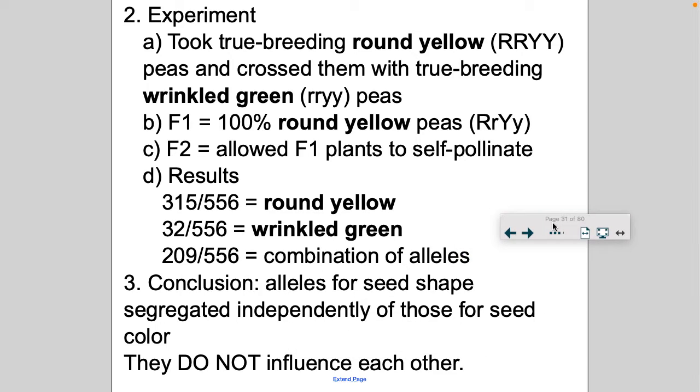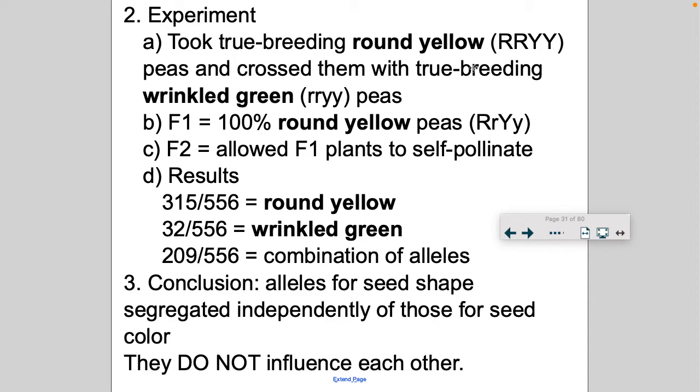So here's his experiment. He started with true breeding plants. In this case, let's focus on true breeding round and yellow peas. The genotype here is big R, big R, big Y, big Y. So they were round and yellow, showing dominance for both traits.